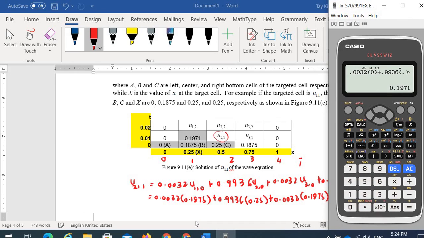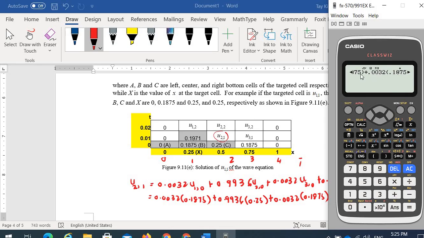And then press this in your calculator. Or you may edit your calculator entry. This one now becomes 0.5 instead of 0.25. You may edit, change here. Okay, from 0.25 now change to 0.1875.